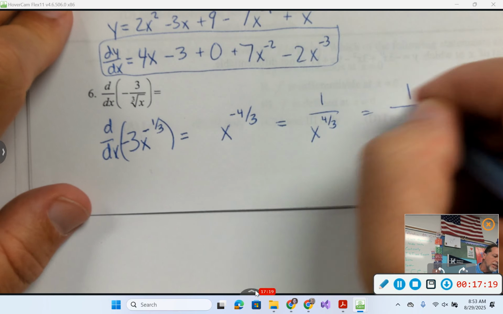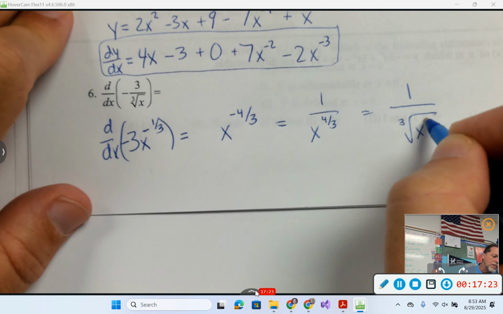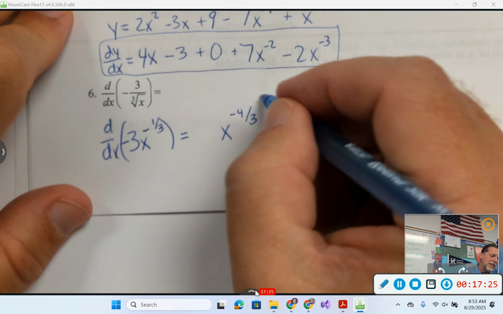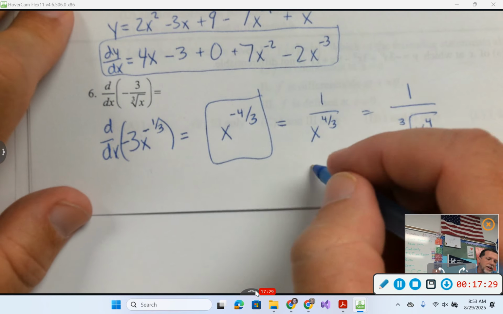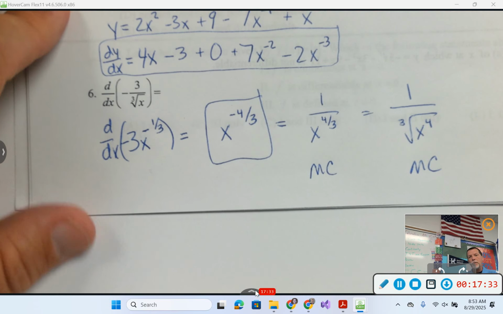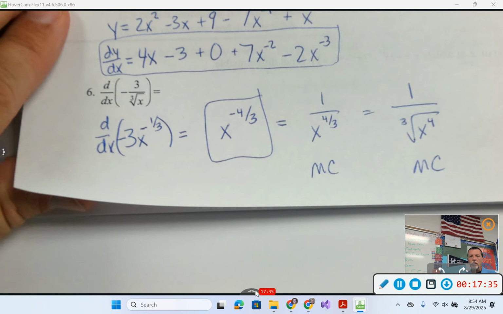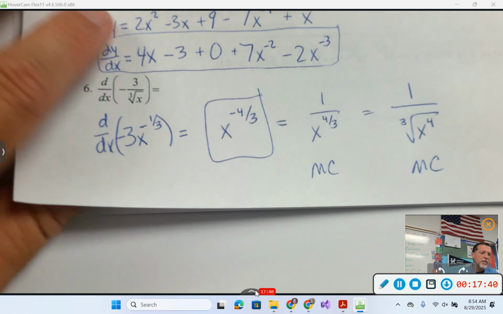Might even, let's see, the cube root of x to the 4th. I could write it like that. This would be our preferred answer, but multiple choice might do some algebra tricks to make sure you're paying attention there. But again, free response, go with the safe stuff.